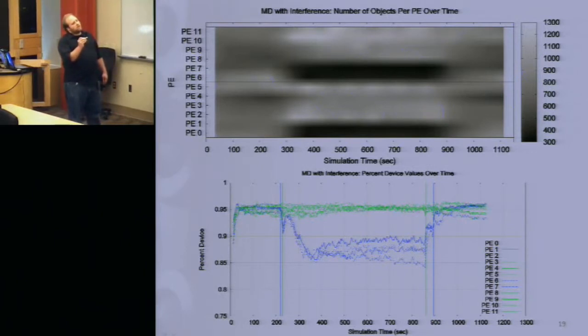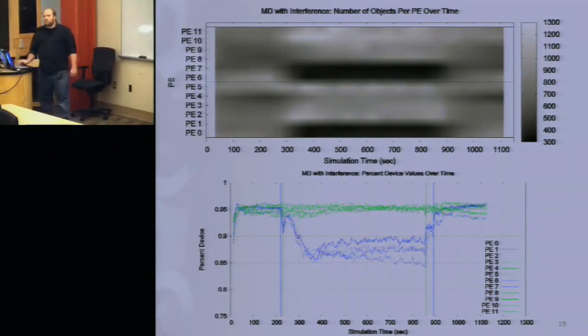Eventually, the interference begins, at which point the GPUs that are shared with the other applications become overloaded. The work gets shifted. Those become dark, indicating lower object counts. The other ones become lighter, indicating the objects were moved from the shared GPUs to the exclusive GPUs. Eventually, the interference stops and things go back to normal. So the runtime system just adapts to the environment, making best use of the resources available.